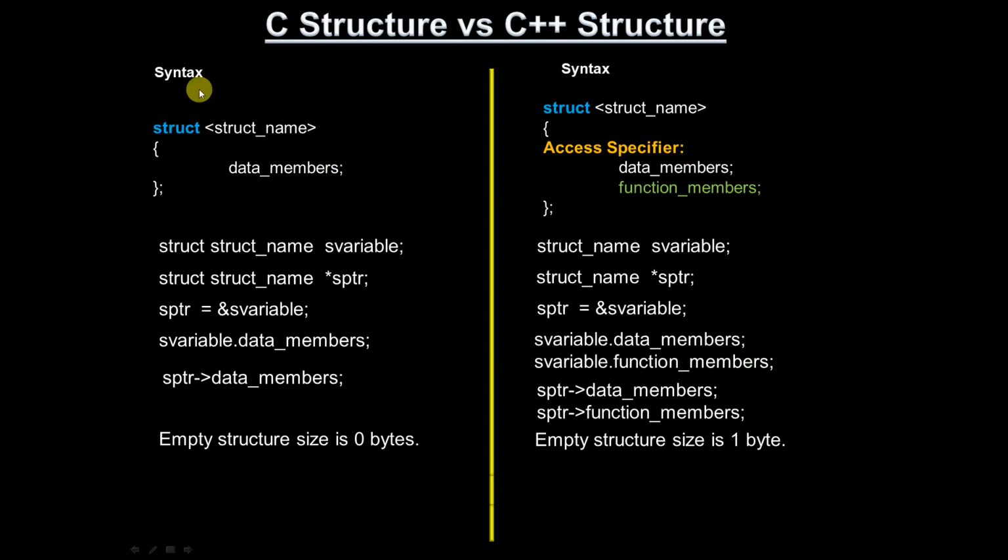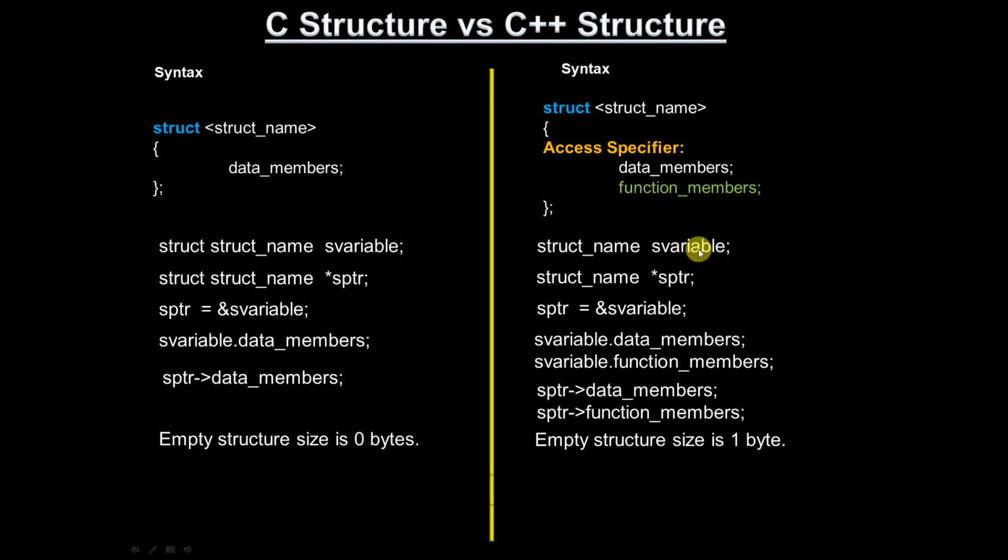Creating a variable of an empty structure is of no use in C. But in C++, even though data members are not there, there is a chance that function members might be present in a C++ structure, so to invoke those members we write structure variable dot function member.